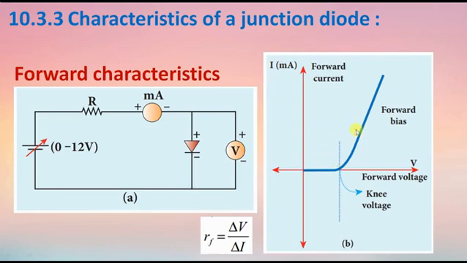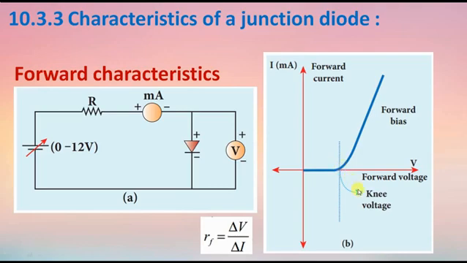Okay, so this graph is called the forward VI characteristics of the PN junction diode. In the graph we get some conclusions. First, at room temperature, a potential difference equal to the barrier potential is required before a reasonable forward current starts flowing across the diode.